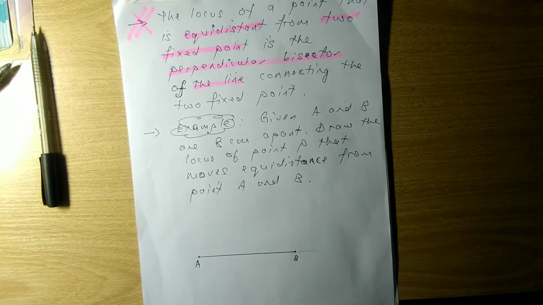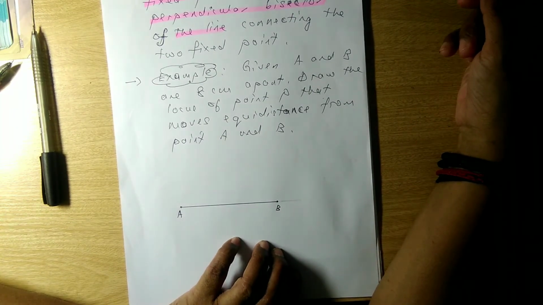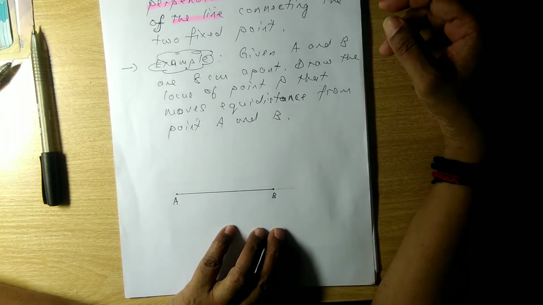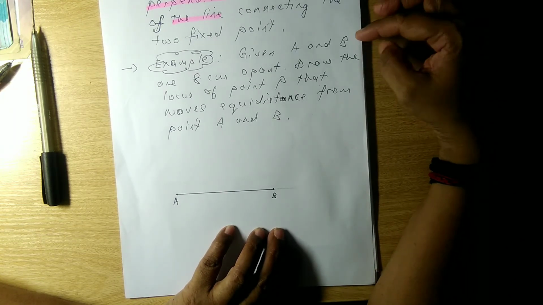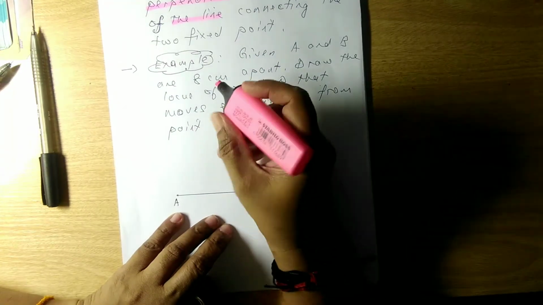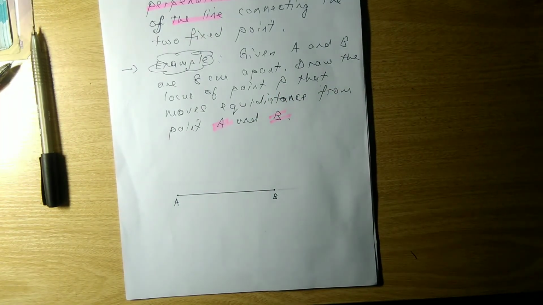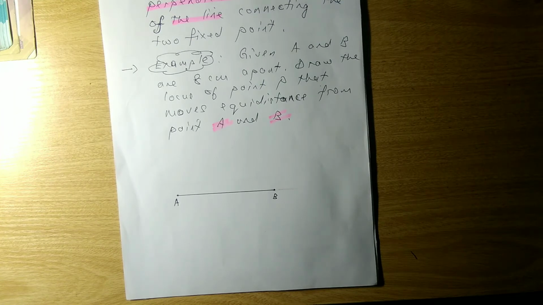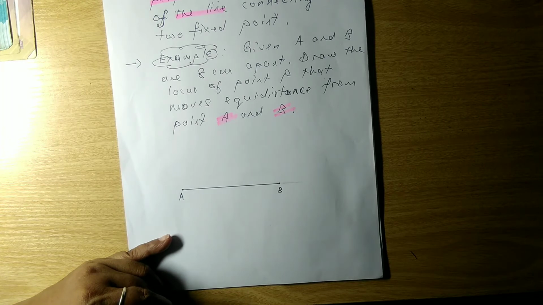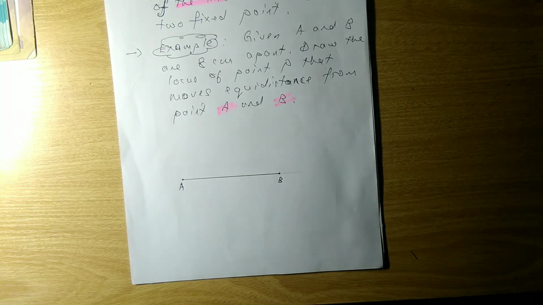Now for an example, let's say I've got two given points A and B, which are 8 cm apart. We want to draw the locus of point P that moves equidistant from point A and point B. According to this law, we get a perpendicular bisector, when a moving point is moving with equidistance from two fixed points.